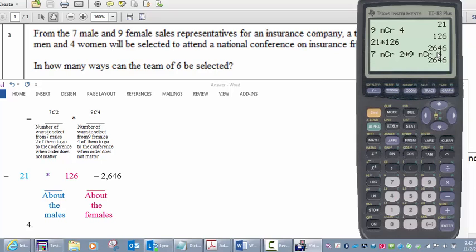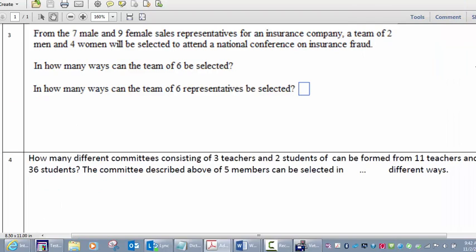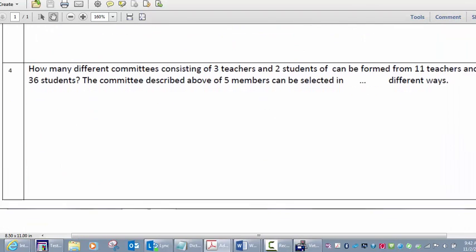So that's up to you which way you want to type it in. Okay. Now I will just quickly mention what can be done for the other problem, and I'll let you work things out for this one.